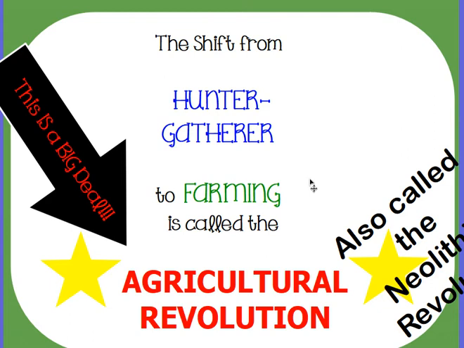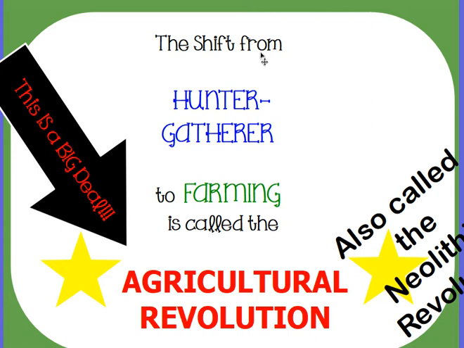Now, I think that I mentioned how big a deal this was the other day when we talked about the Neolithic Revolution, but I want to emphasize it again because you are going to see this again on a test. Hint, hint, wink, wink, nudge, nudge, cough, cough, if you didn't catch that.